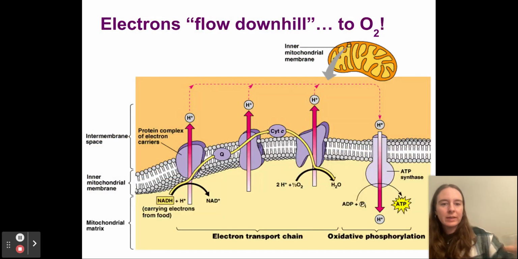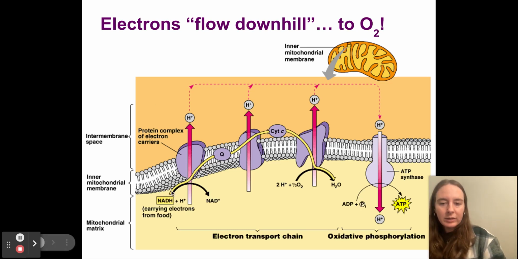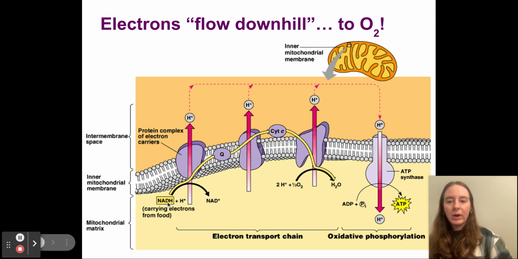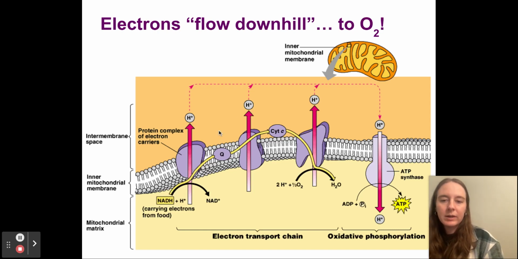All right, so once again, if you look here, we are in our inner mitochondrial membrane, and we're pumping the hydrogen ions into the intermembrane space like we just saw. Now, a way that we sometimes talk about the electron transport chain is that the electrons, remember, are being pulled off of this NADH, we're oxidizing it, and we are passing electrons from protein complex to protein complex to protein complex, right?